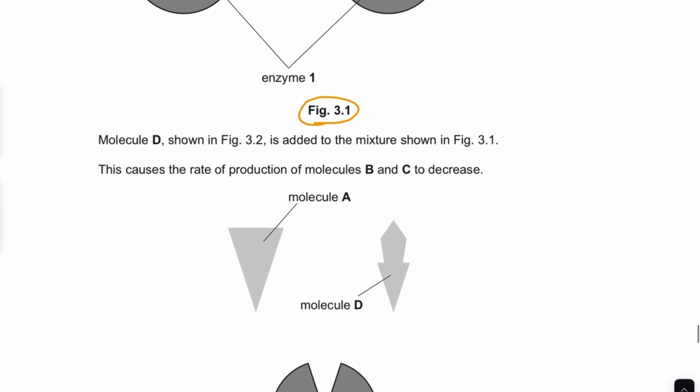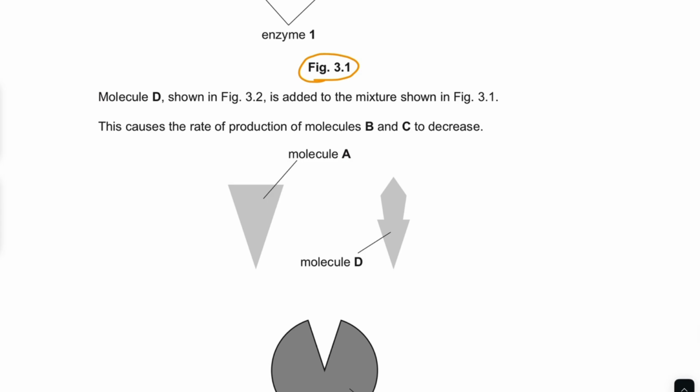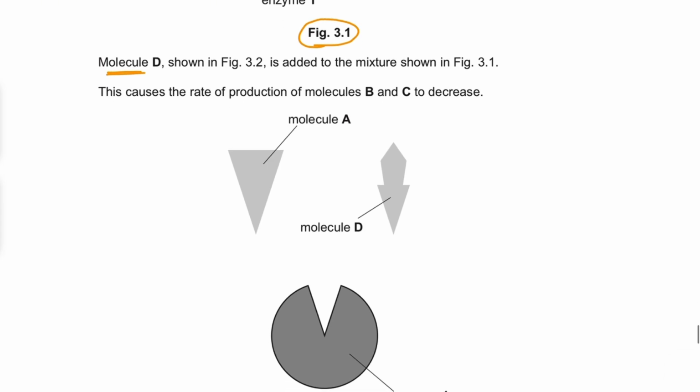Now, later they say that we have added a molecule D that is shown here in figure 3.2. So you see that here we have molecule A that was previously being converted into products B and C. But now they are asking us that when we add this molecule D into the reaction mixture, the rate of formation of the products B and C decreases.